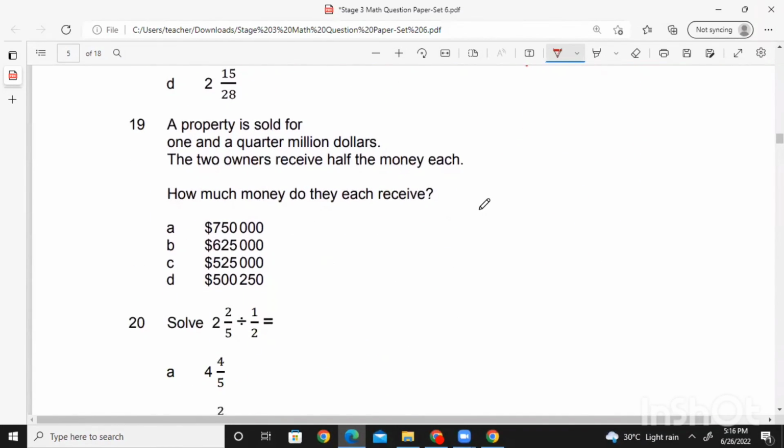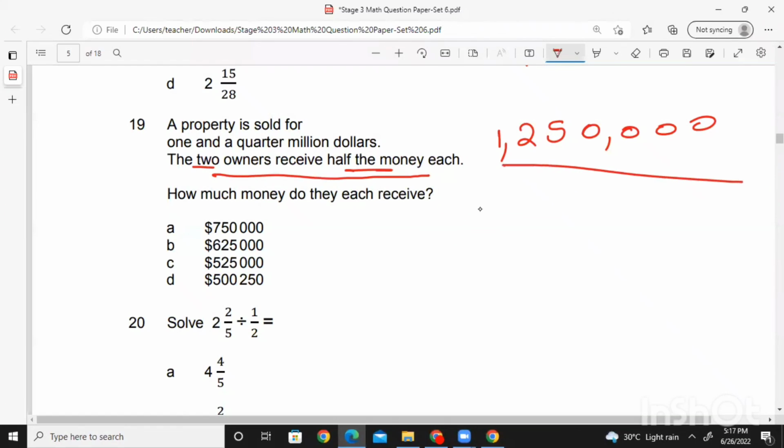A property is sold for $1.25 million. So we want to know, how do we represent $1.25 million? So $1.25 million is 1,250,000. All right. The 2 owners receive half. All right. How much will each get?